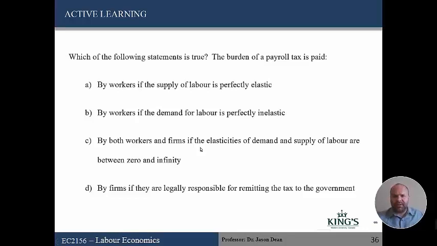Which of the following statements is true? The burden of a payroll tax is paid by workers if the supply of labor is perfectly elastic, by workers if the demand for labor is perfectly inelastic, by both workers and firms if the elasticities of demand and supply of labor are between 0 and infinity, by firms if they are legally responsible for remitting the tax to the government.